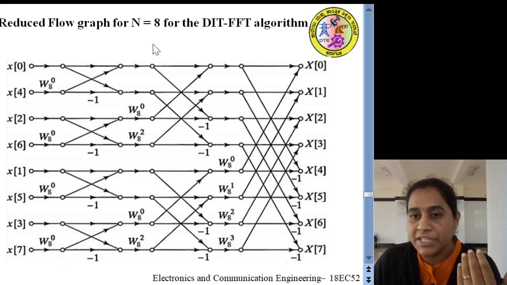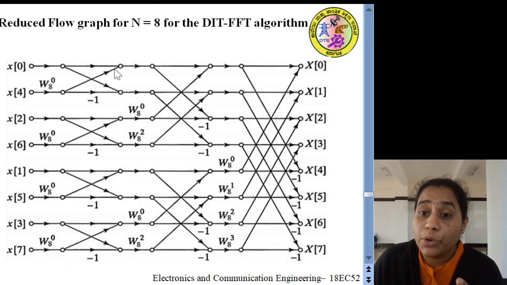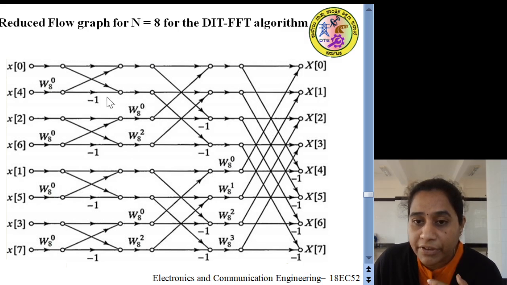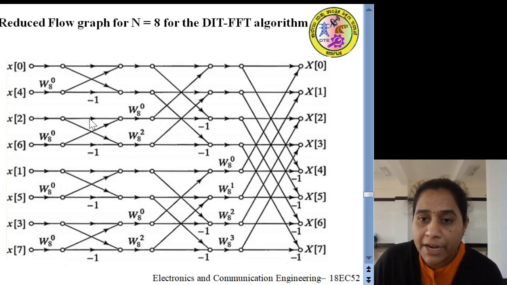For some general value n, we are going to have ν stages of decimation, where n is equal to 2 raised to the power ν. Each stage has n by 2 butterfly operations. You can observe here the value of n is 8, so n by 2 is 4 butterfly operations: 1, 2, 3, 4. Here also 1, 2, 3, 4.